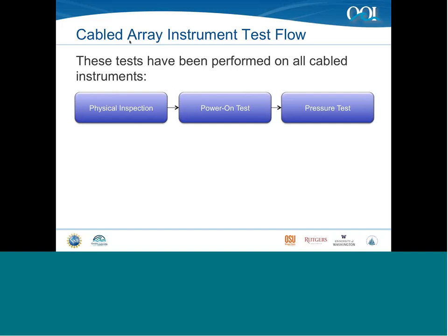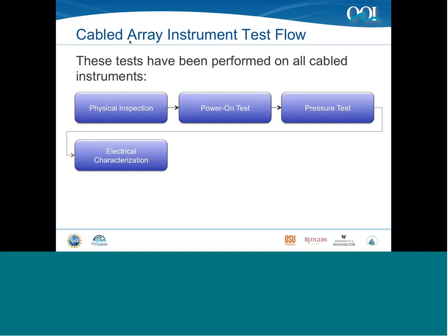All pressure housings undergo a pressure test to at least their deployed depth. Then electrical characterization, which is understanding whether there are current spikes when it turns on, so we understand how it works, or while it's sampling, what we can expect out of that instrument.